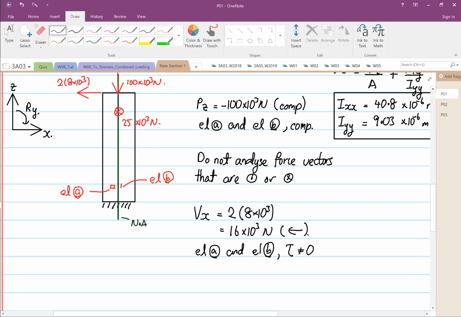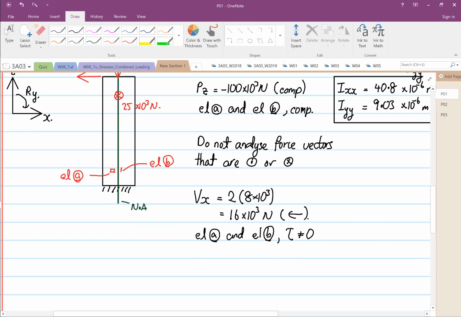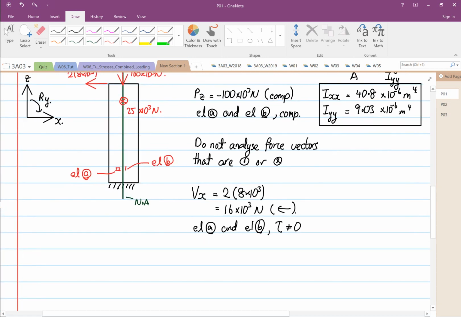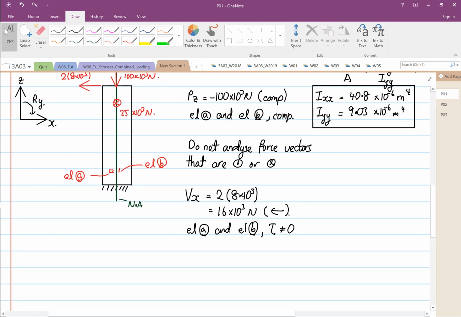The last one that we can see is the moment about the y-axis. It's going to deform due to the moment about the y-axis, and the deformation pattern is going to look like this. This is due to the 2 times 8 times 10 to the power 3.